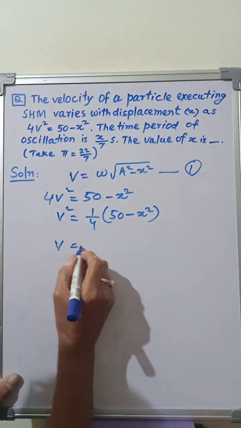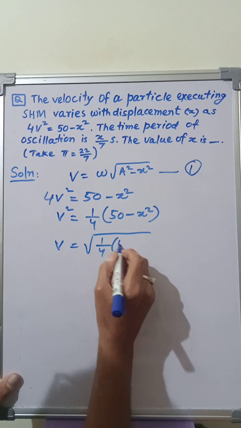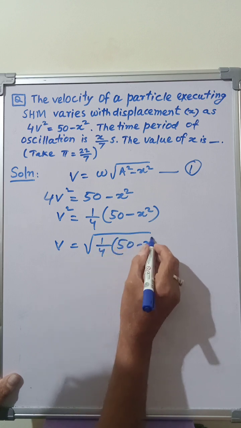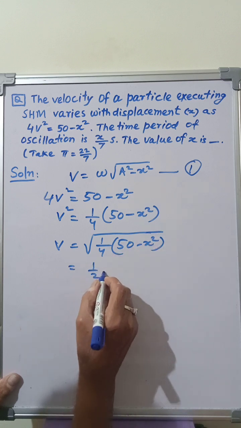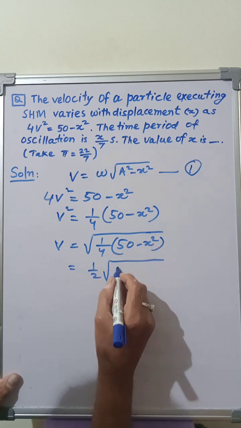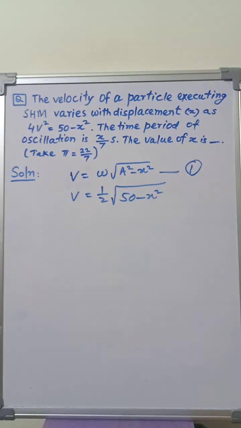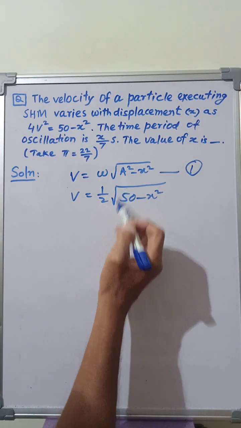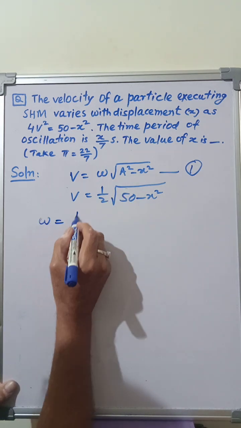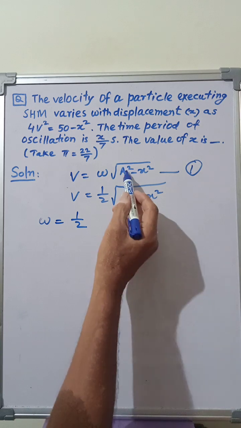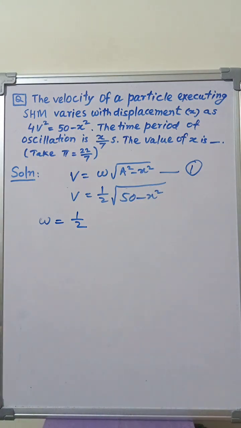Therefore, v is equal to root over 1 by 4 into 50 minus x square, which is equal to 1 by 2 root over 50 minus x square. Now comparing with equation 1, we get omega is equal to 1 by 2, and obviously a square is equal to 50 and x square is already there.